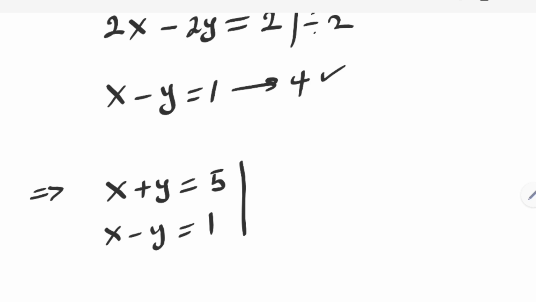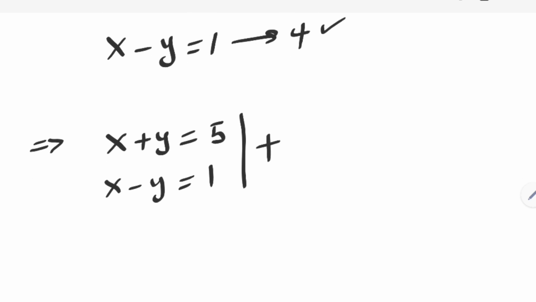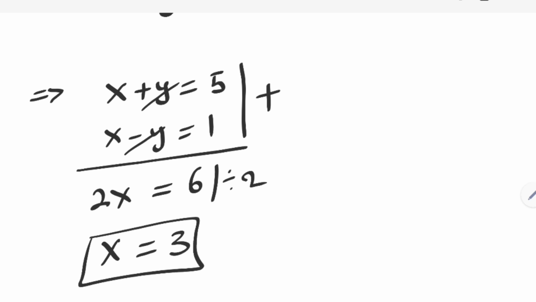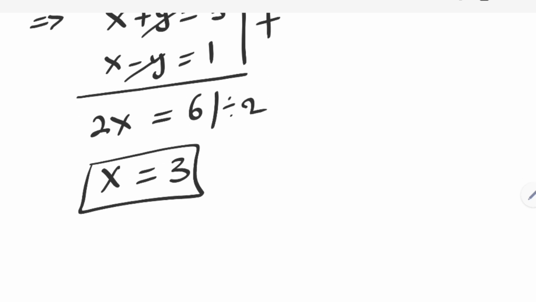Let us solve this using elimination method by adding the two equations together. Then if you add the two equations together, this will cancel this. We have 2x is equal to 6. Now let's divide the whole of this equation by 2 again. Then x is equal to 3. This is the value of x. We've gotten the value of x. Let us solve for y.